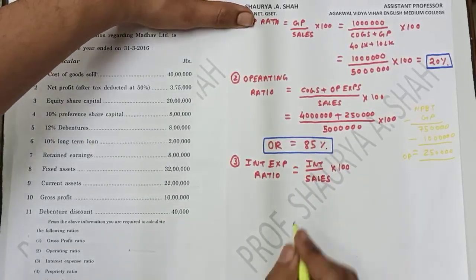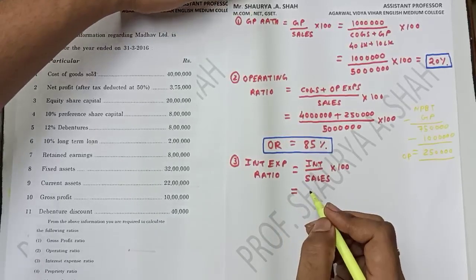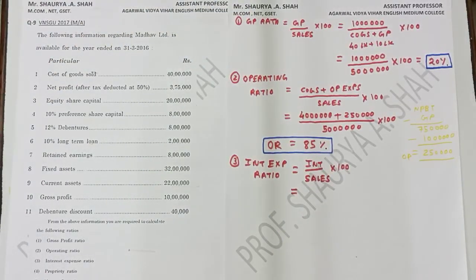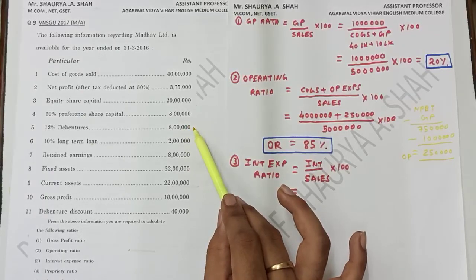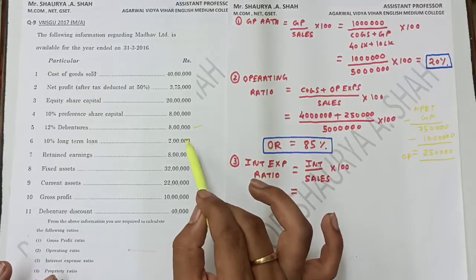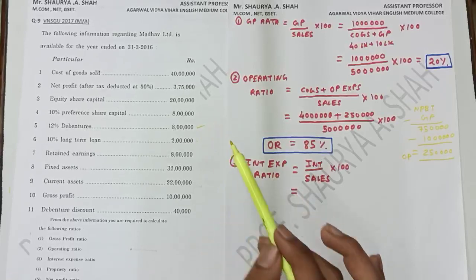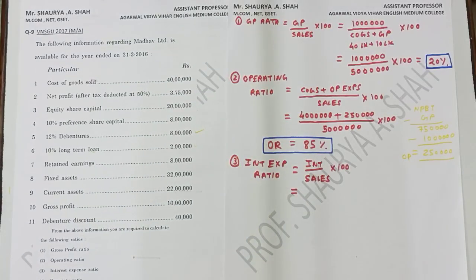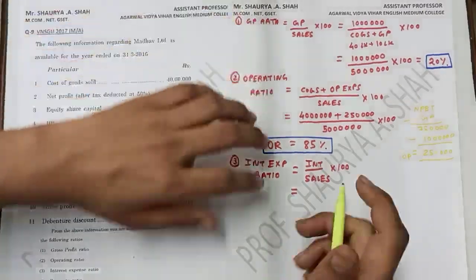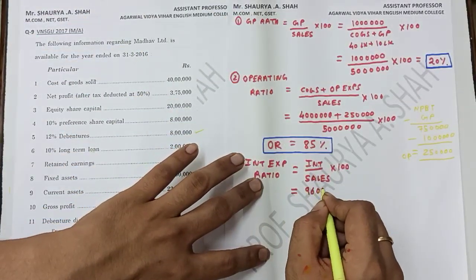So what I'll get is total interest, students. If you can see in the sum, once again, only two fixed interest bearing securities are given. One is your debentures and the second is your long term loans. So interest on debentures is 12% on 8 lakh. If you calculate 12% on 8 lakh, you will get the interest, that is 96,000.